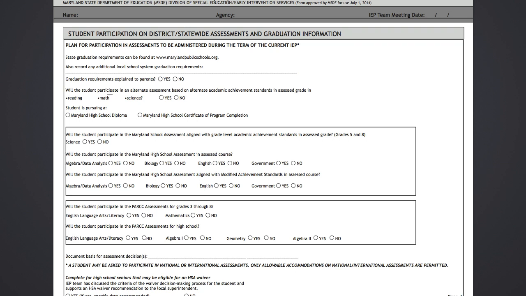So there's an area on the IEP for the IEP team members to indicate whether all of those things have happened. So did we state the graduation requirements? Did we explain the graduation requirements to parents? When children are very young, this may simply be referring parents to resources, even online resources or other resources provided by the school system where they can get some information about eligibility for graduation.